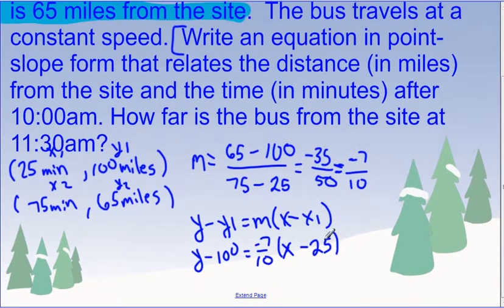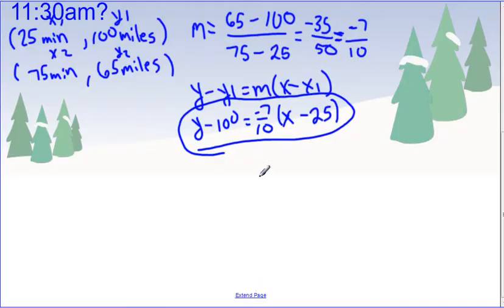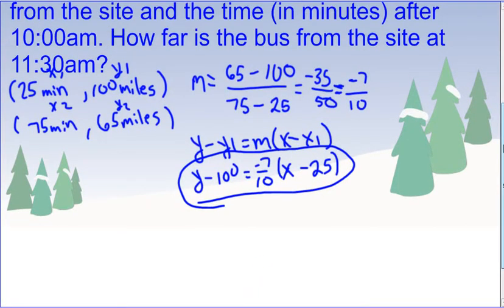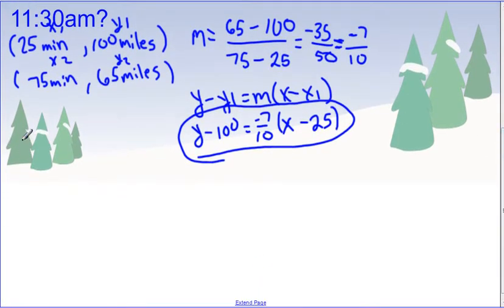What we did not do yet, so let me circle it, is how far is the bus from the site at 11:30? Well, all we'd have to do is plug that information in here. So for 11:30, you need to figure out how many minutes after 10 o'clock that is.